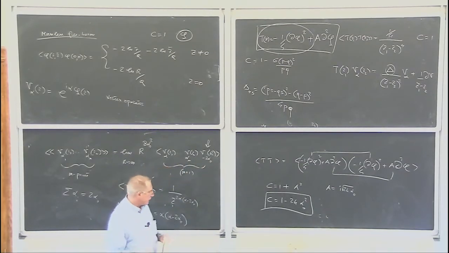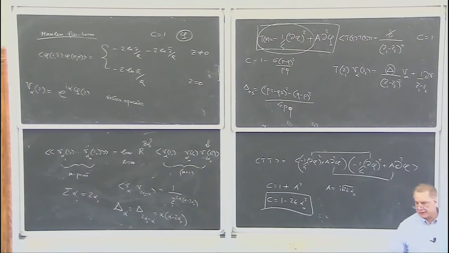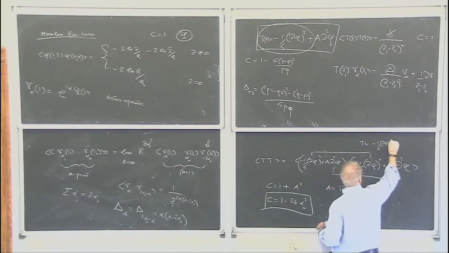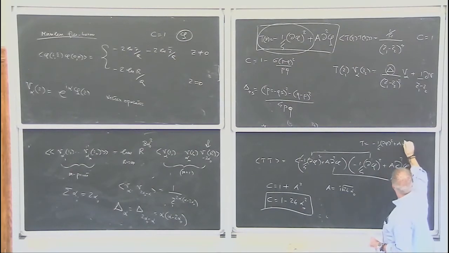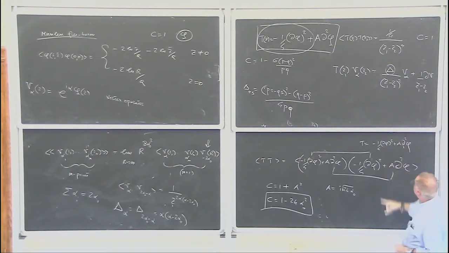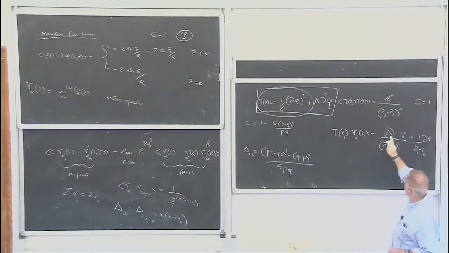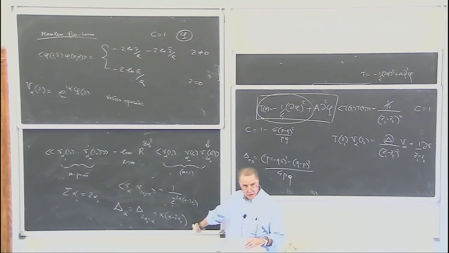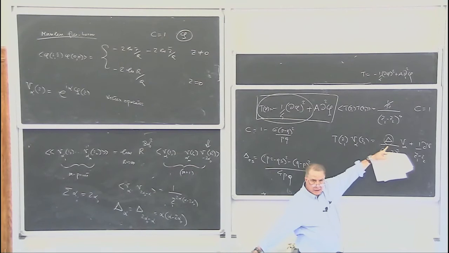So what I'm doing is telling you how to fix this extra constant. What you have to do is the stress energy tensor is the previous one plus this other guy. You impose this Ward identity, but you know what delta is. Delta is this. So how do you have to fix the big A such that this guy is that one?